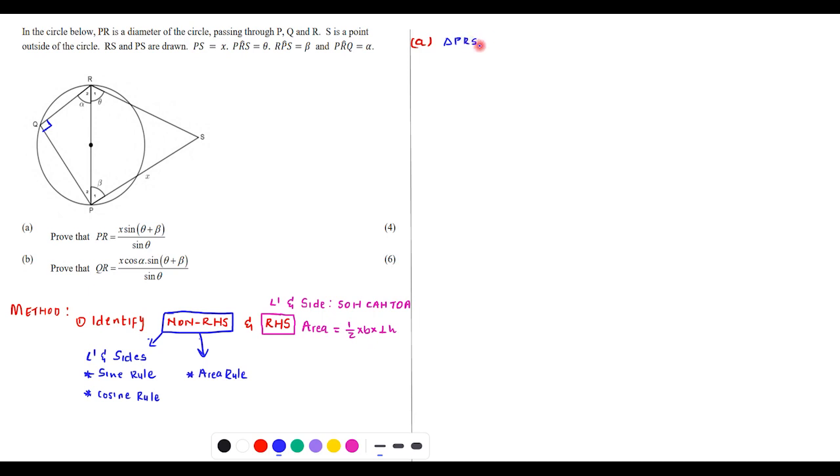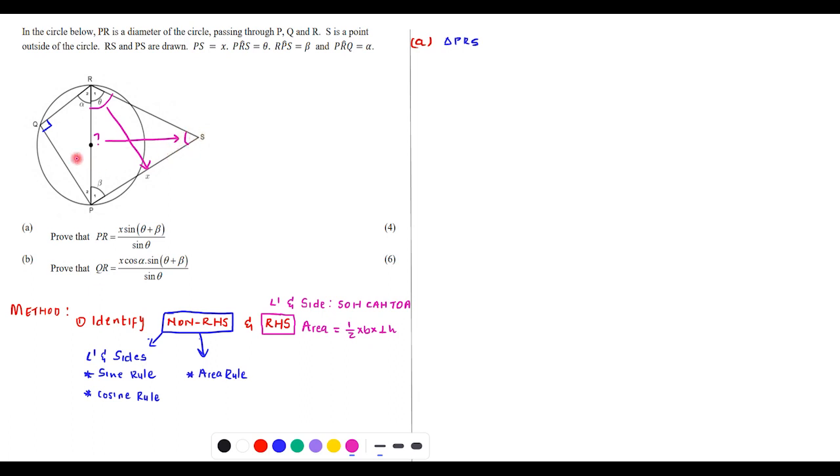Looking at PRS, I can see I have an angle theta, and this angle has each side. Now I want to find PR, so I must at least know how to find this side or this angle.